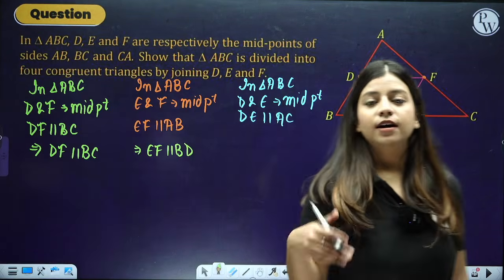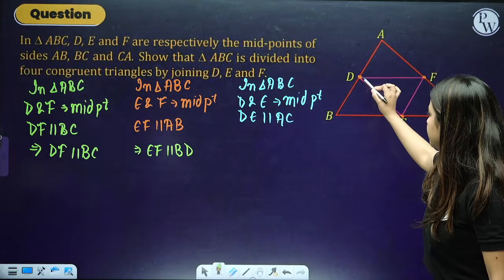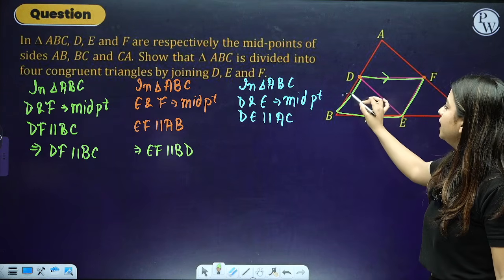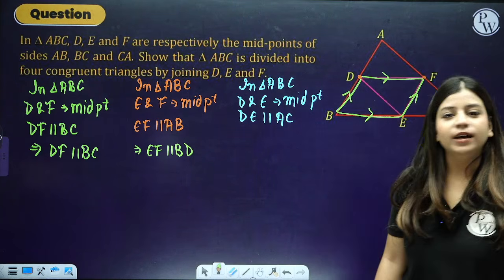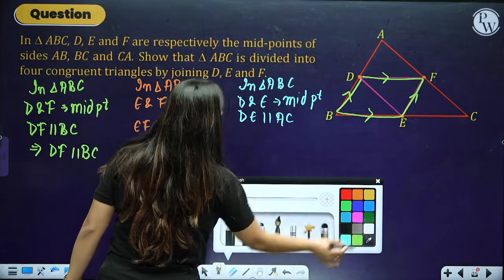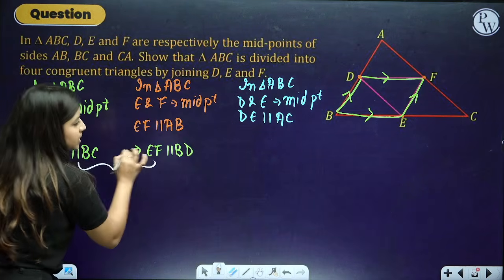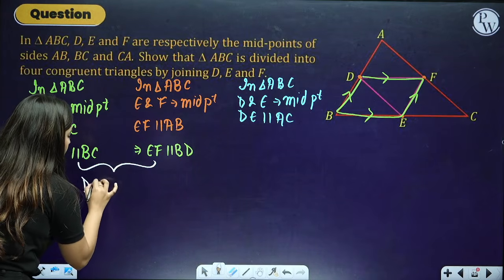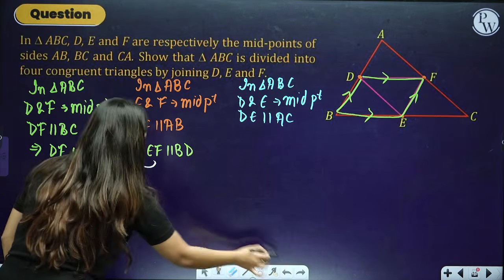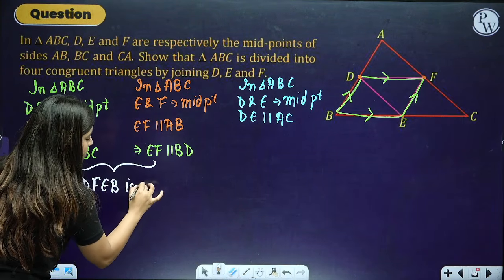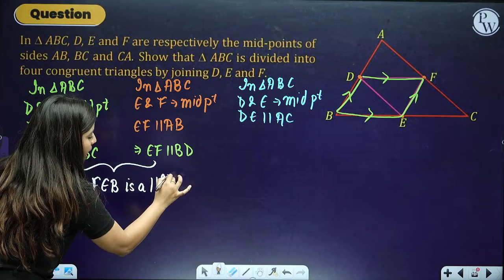This thing clear? Now see, in this figure, DF is parallel to BE and DB is parallel to EF. So from both these statements, what can we say? We can say that DFEB is a parallelogram.